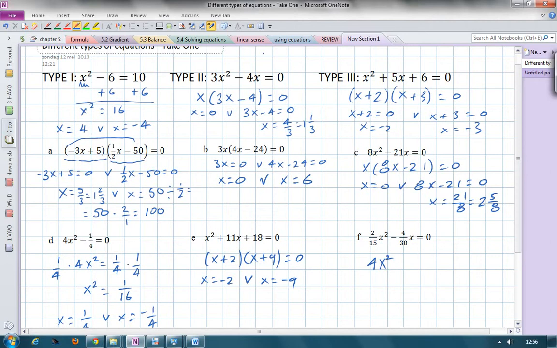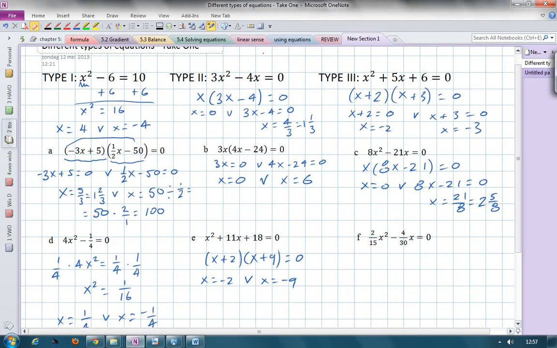And then the 30 divided by the 30 is 1, minus 4x. Is that correct? Yes, is equal to 0. And we could continue in this way after multiplying the whole equation by 30. I'm not going to do that. I'm going to leave it as a fraction because we need to practice those fractions.